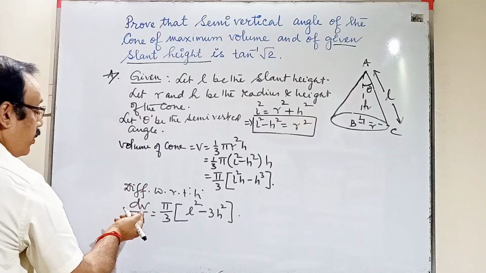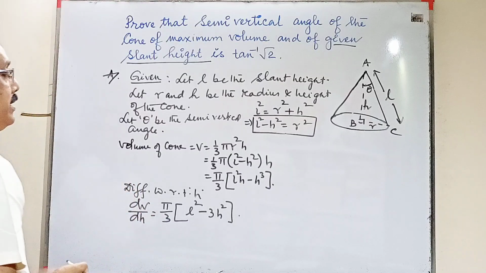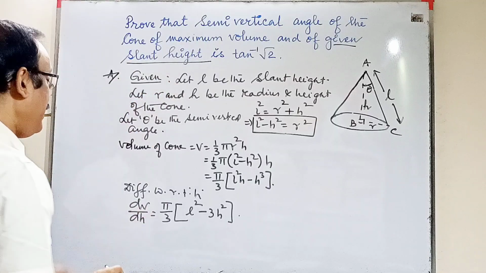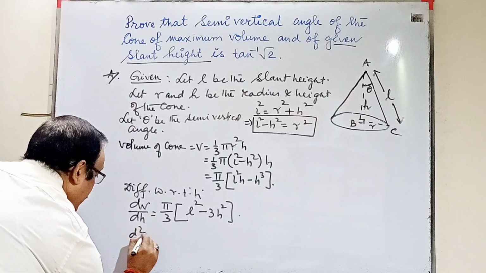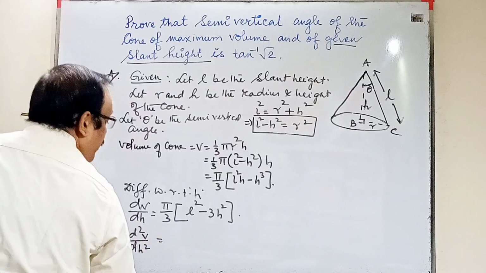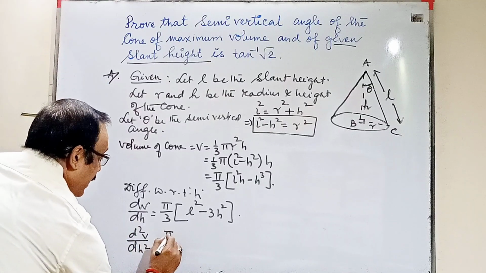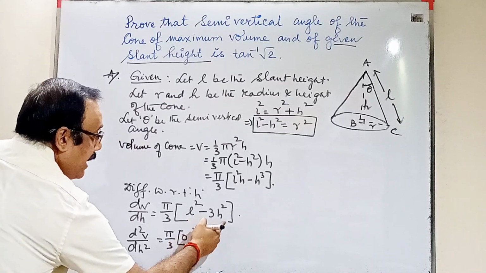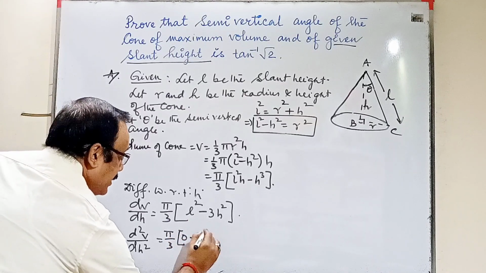If I do double differentiation of this, then that will suggest whether it is maxima or minima. So let us do that first. d square V by dH square: if I do the second order derivative, this will remain pi by 3, L square will give me 0, and 3H square will become minus 6H.